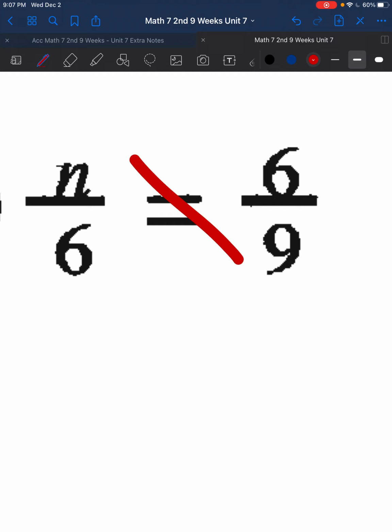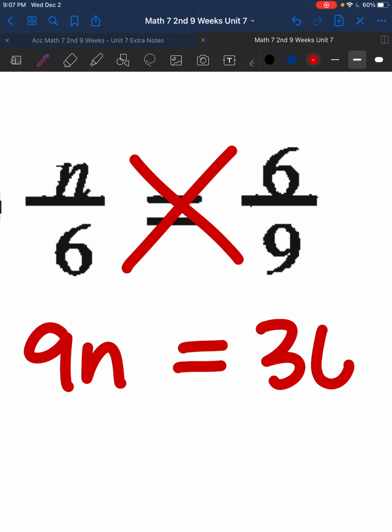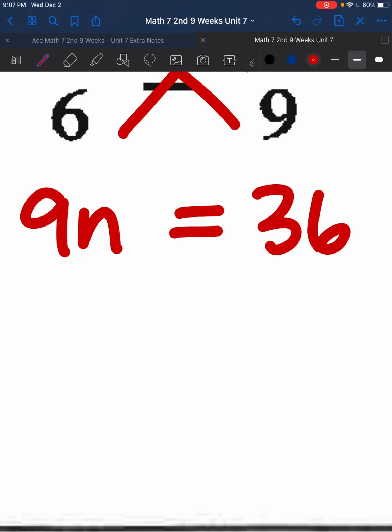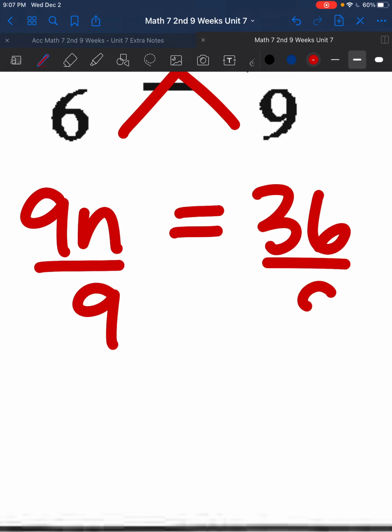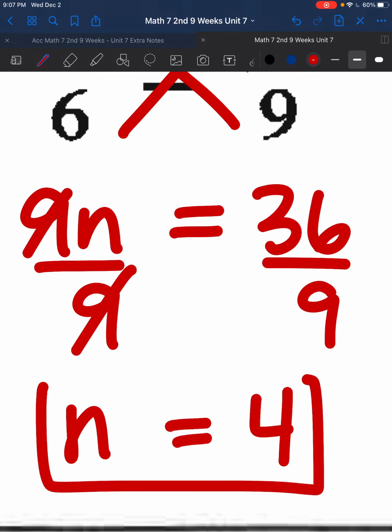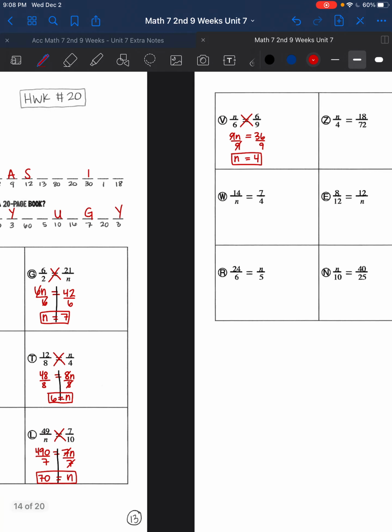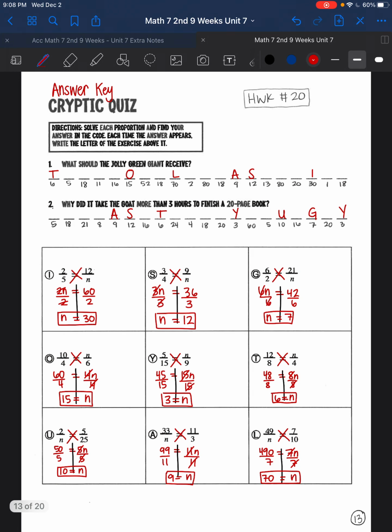Okay, moving on. Right here for V, I've got n over 6 equals 6 over 9. Okay, so I'm starting by multiplying n times 9, which is simply 9n, equals 6 times 6, which is 36. To get that n by itself, I'm going to divide by 9 on both sides. My 9's cancel out, and n equals 4.